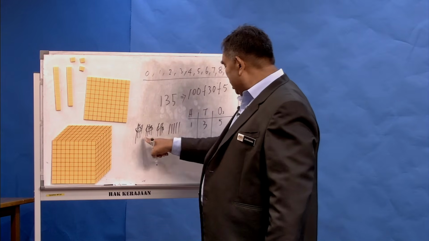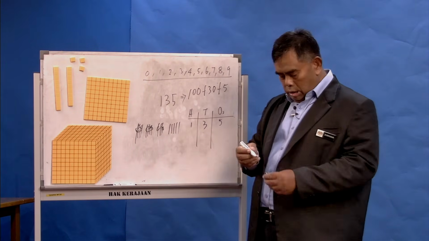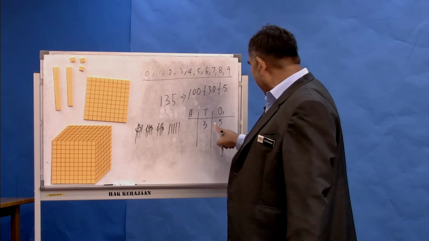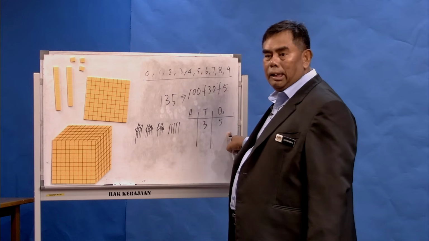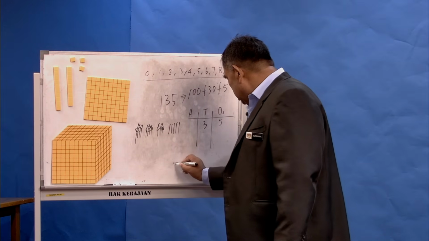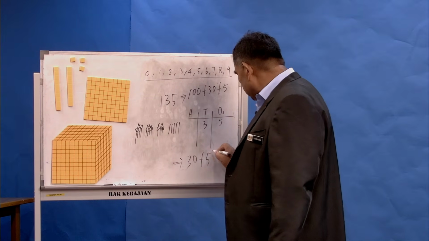So we have 35. We can write this in a place value chart as 35. This means we have 30 plus 5 units.